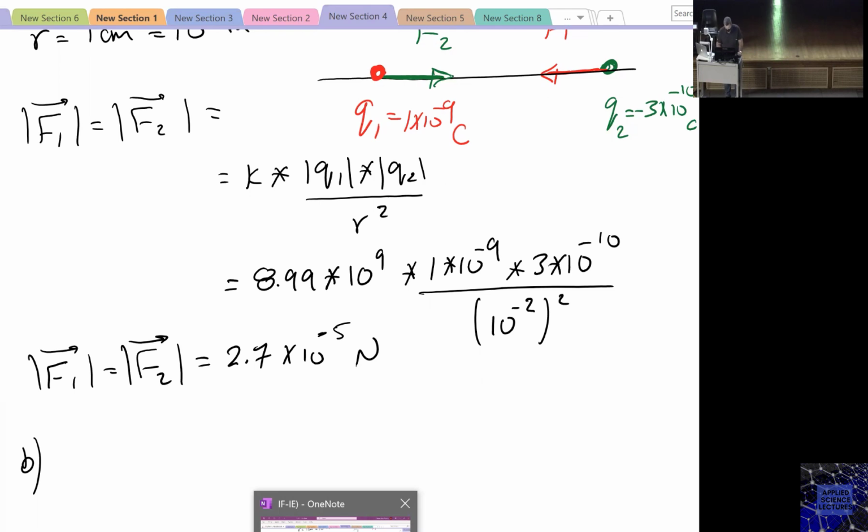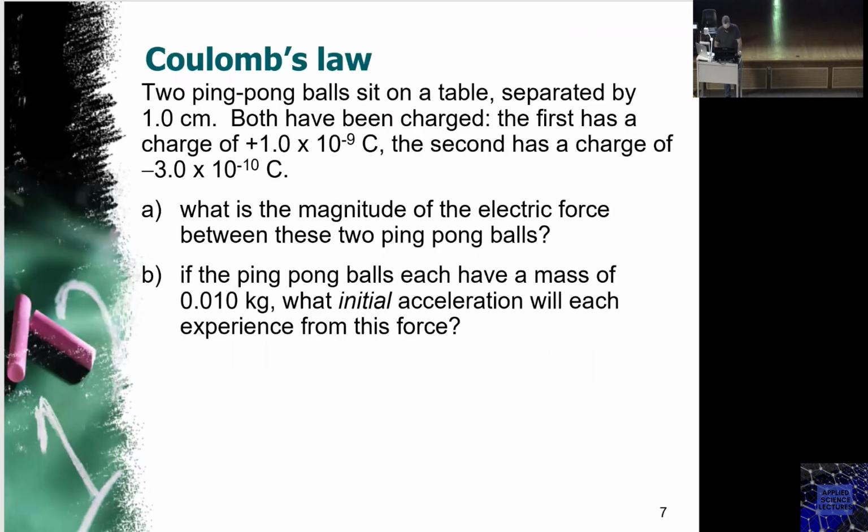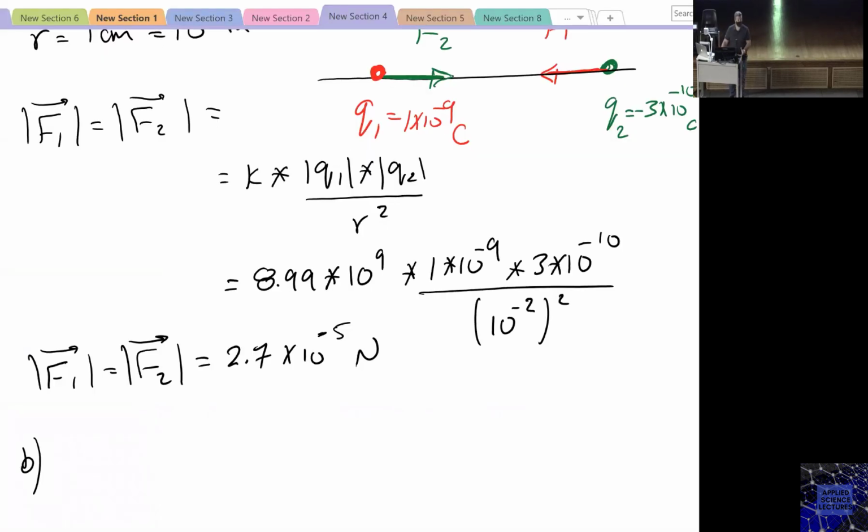Part B, if the ping pong balls each have a mass of 0.01 kilograms, so they are the same masses, what initial acceleration would each experience from this force? So we want to calculate the acceleration. We've dealt with the acceleration before for a force applied on a mass, right?